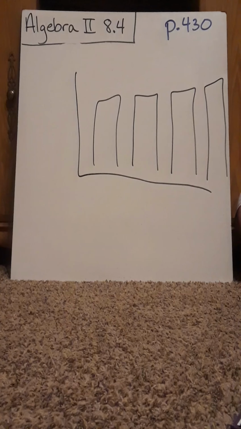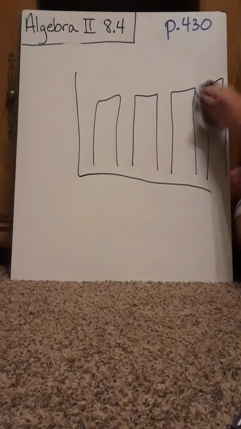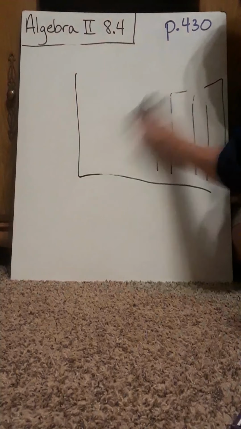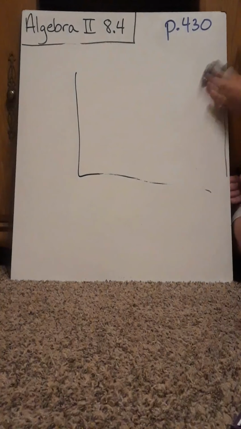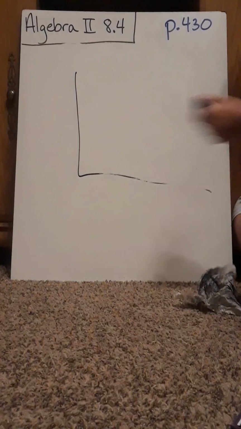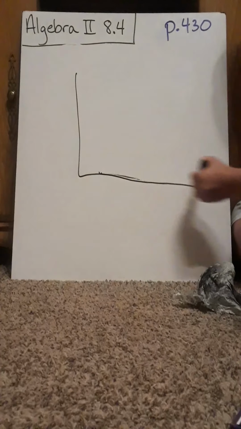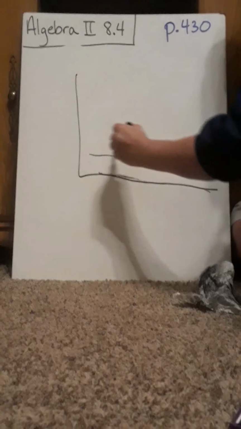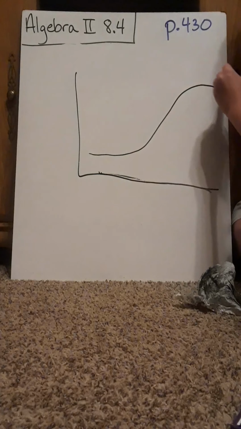Part C says the scores on an easy test. Well, if the test is easy, then you would expect the students to do well, right? So that might look more like this.